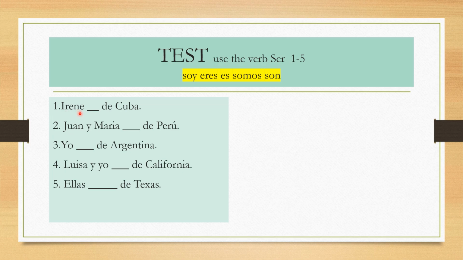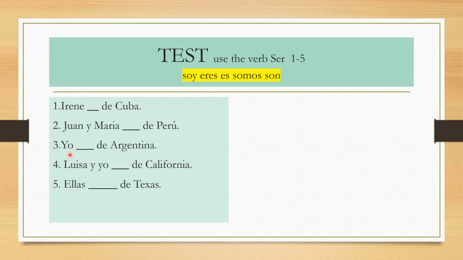Irene is a girl's name. Número dos, Juan y María blank de Perú. Juan y María, two people, a boy and a girl. That's the subject, and of course the verb is always conjugated with the subject of the sentence.